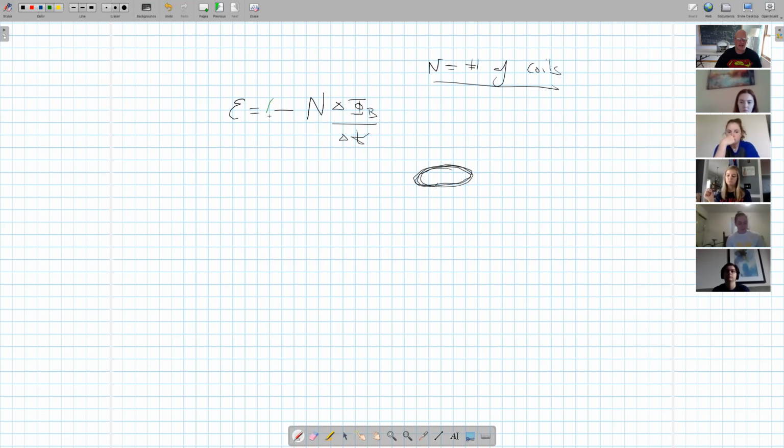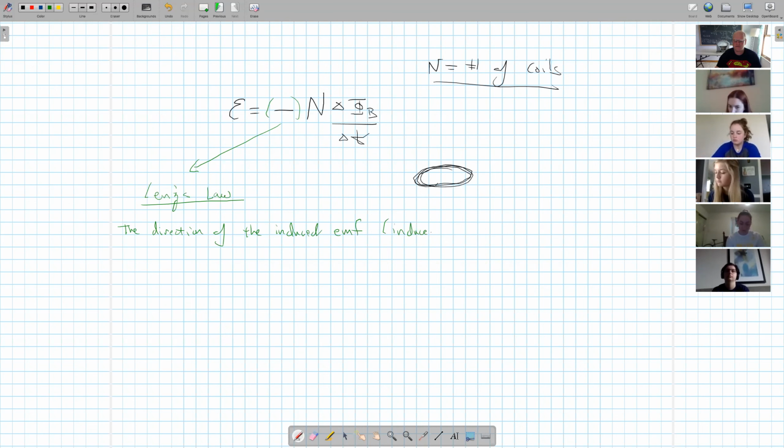This negative sign has its own law, which is known as Lenz's law. So Lenz's law is the interpretation of this negative sign. What Lenz's law says is that the direction of the induced EMF, i.e. the induced current, happens to oppose the change.